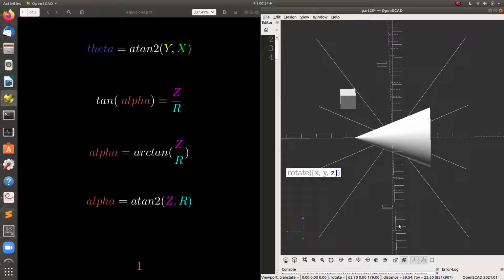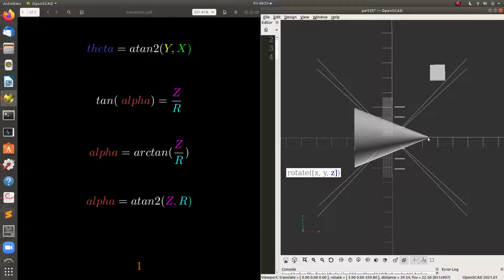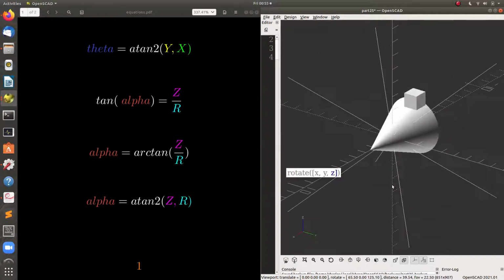We know that a positive rotation is going to go counterclockwise, so it's going to go this way. What we want is the object to go this way, so we know that we need a negative rotation. Same with the z-axis, a positive rotation is going to go counterclockwise, and same with the x.